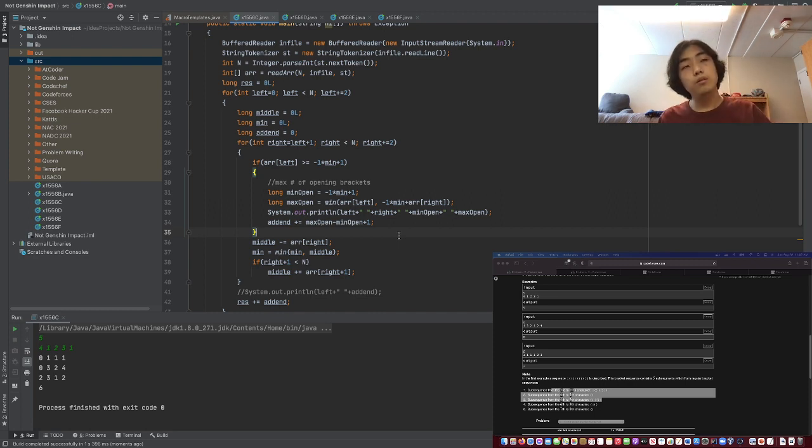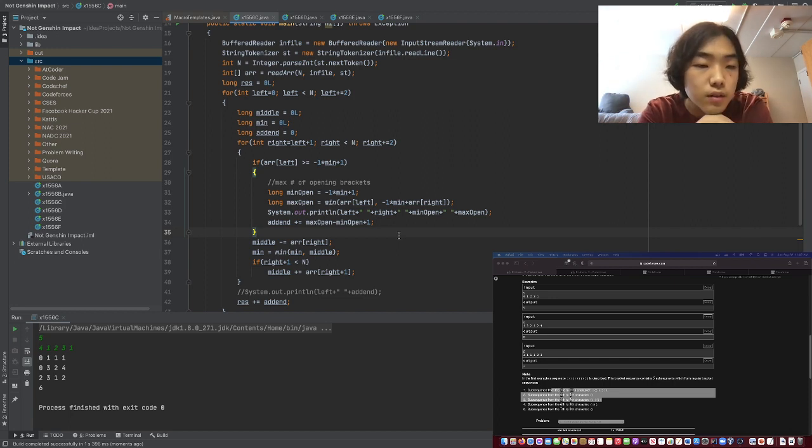So from 0 to 3, if there's a point from here and a point in here, there's only 2 ways to do it, so I'm saying there's 3. Wait, so I'm saying I need to take at least 2 minimum opening brackets and those 4?